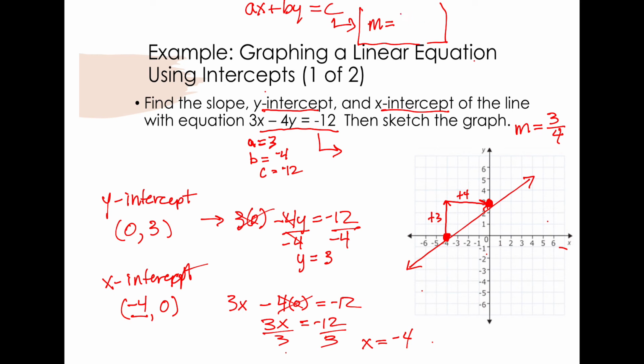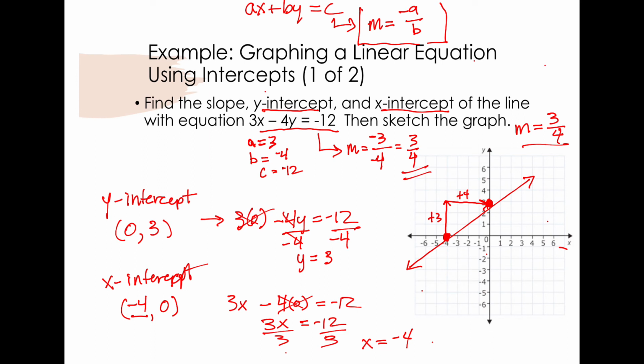It's the opposite of A over B. So negative A over B. And so in this case, the A is 3, so that would give me negative 3 over my B, which is negative 4. Notice that that's a negative divided by a negative, so my slope is 3/4, just like we saw here with the graph.